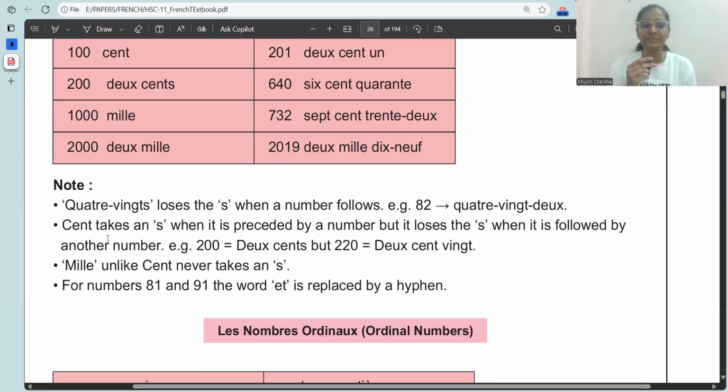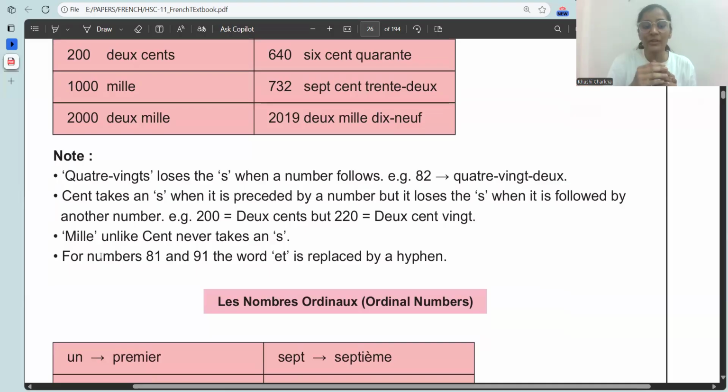The second point: cent takes an S when it is preceded by a number, but it loses the S when it is followed by another number. Just like 200 is preceded by number 2, 2 and 100, so there it takes an S. But 220, it is followed by the number 20, so it loses its S.